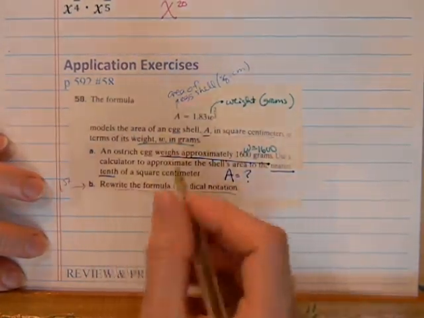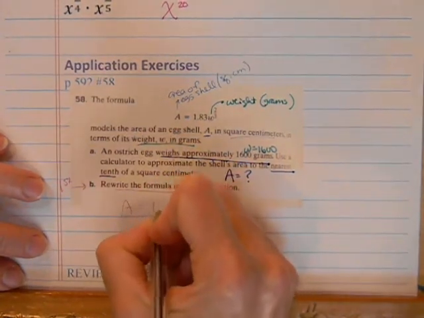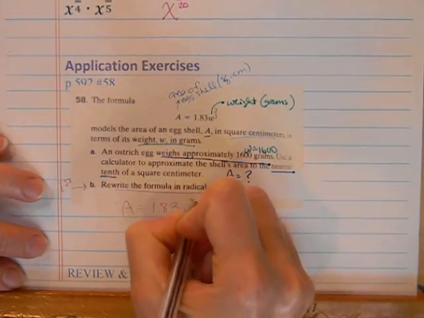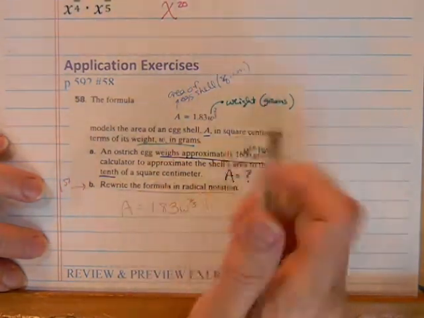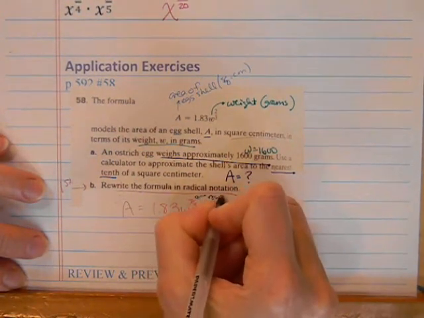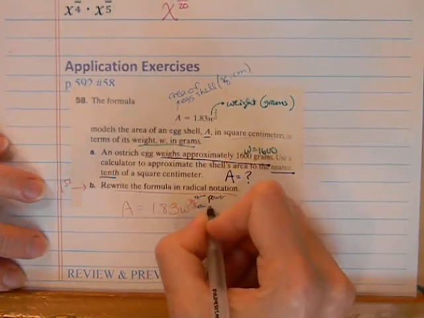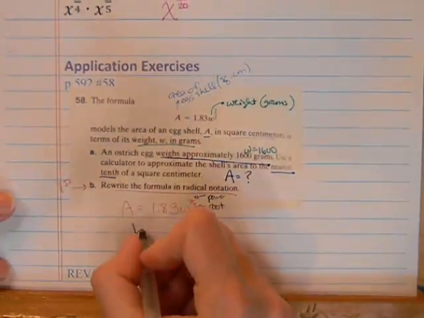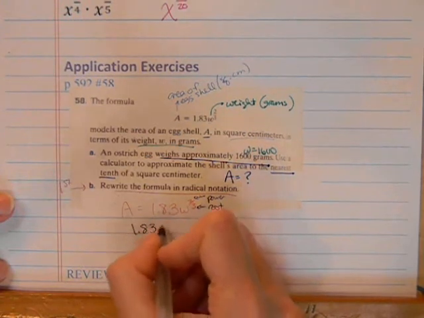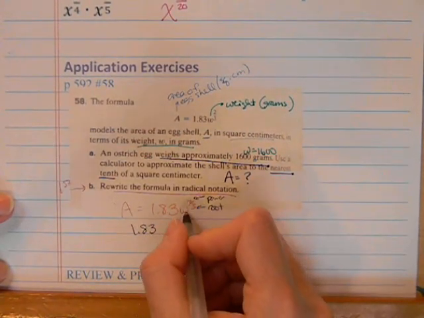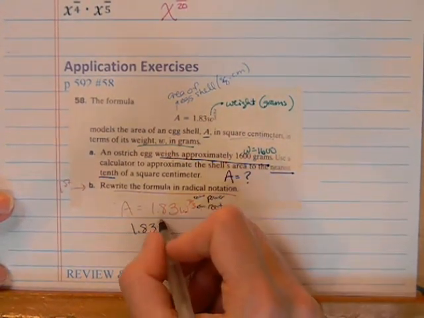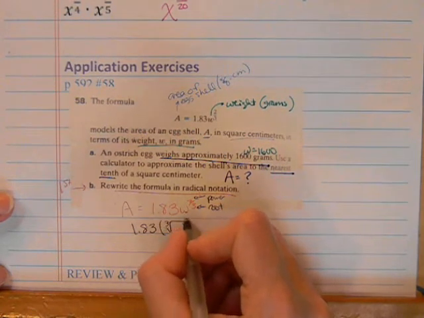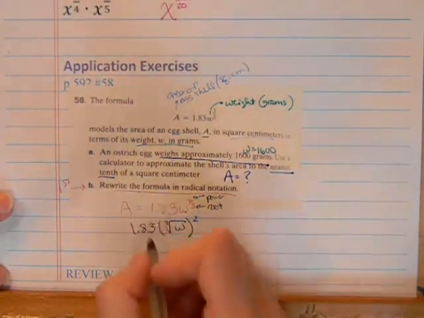Okay, so if I rewrite the formula, I start with A equals 1.83w to the 2/3. 2 is my power, 3 is my root, and you can write this one of two ways. Of course, 1.83 is not affected by this at all. It's out in front. Just the 2/3 applies to the w. I can do the cube root of w first, then take that answer and square it.